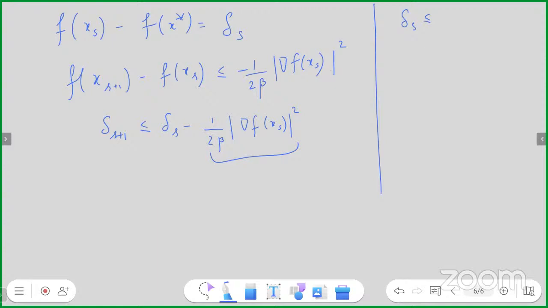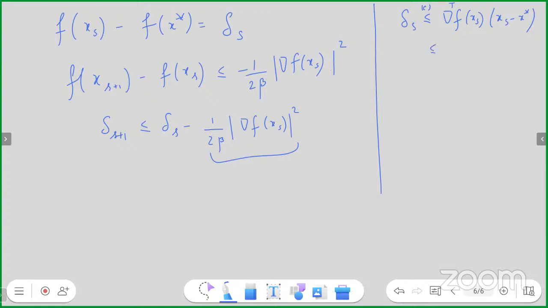Just by pure convexity, with x_s. And what is this at most equal to?